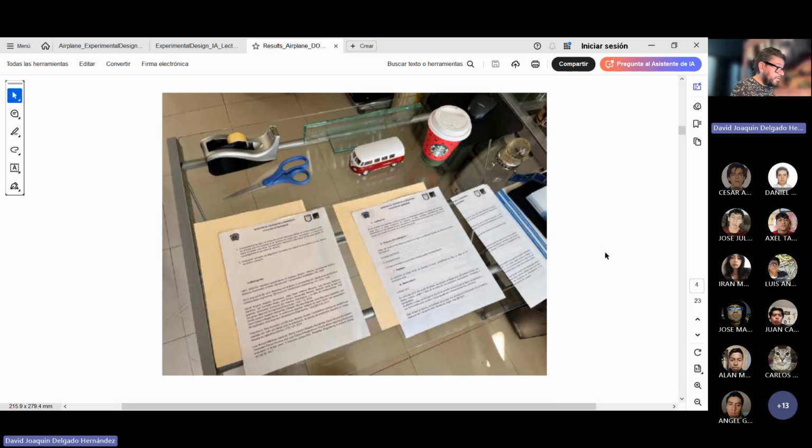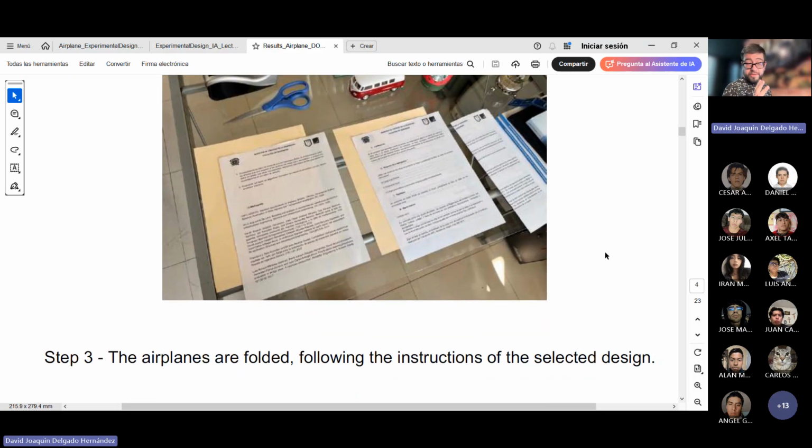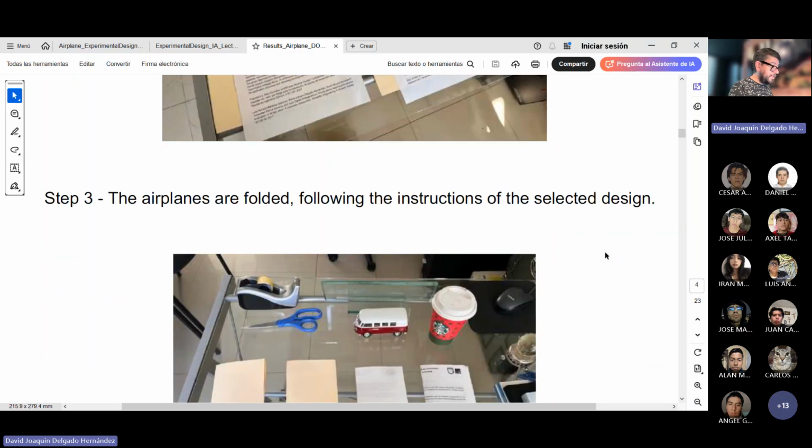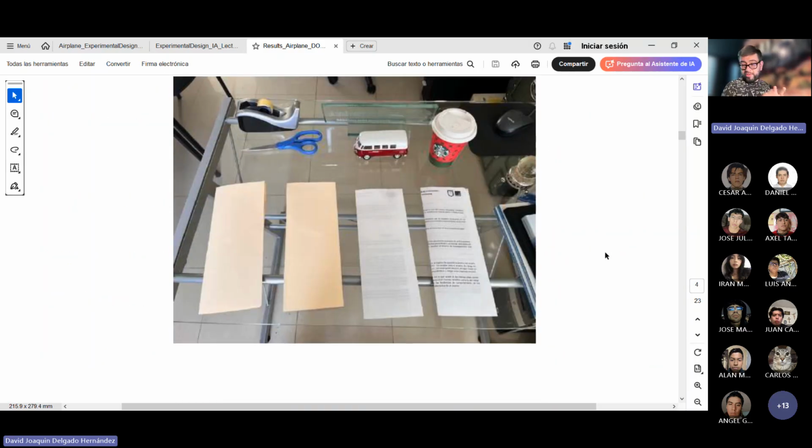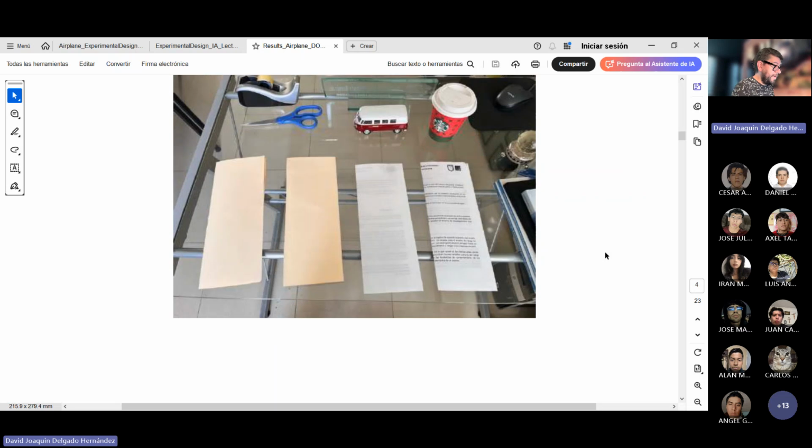Okay, what is the following step? Step number 3 is that the airplanes are folded following the instructions of the selected design. So I started to fold both the folders and the bond paper exactly in the same manner. All of them were folded exactly in a similar way.